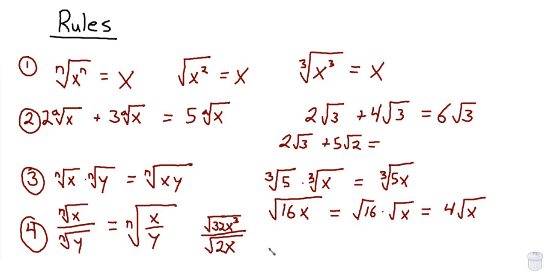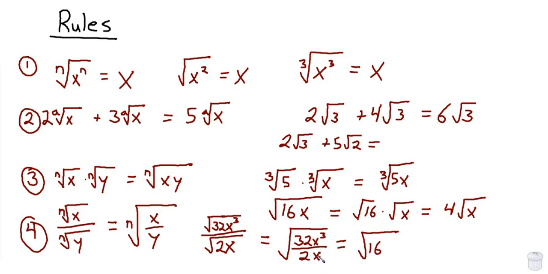Okay, they are both square roots, so I can combine that underneath one of these. So 32x cubed over 2x. Now notice the simplification that I can do on that radicand. 32 divided by 2 is 16.